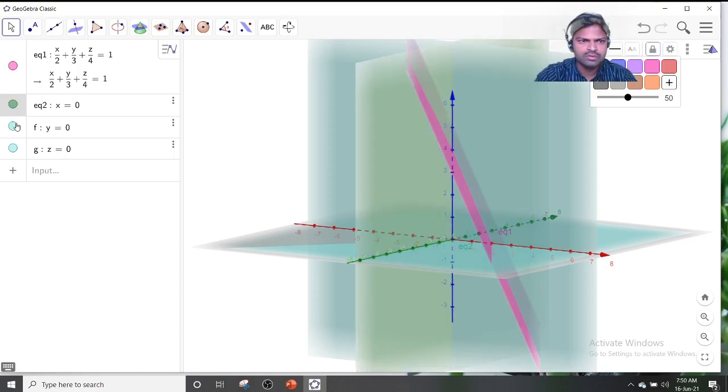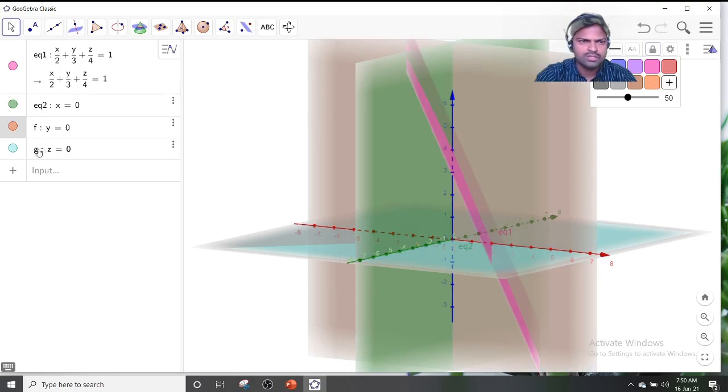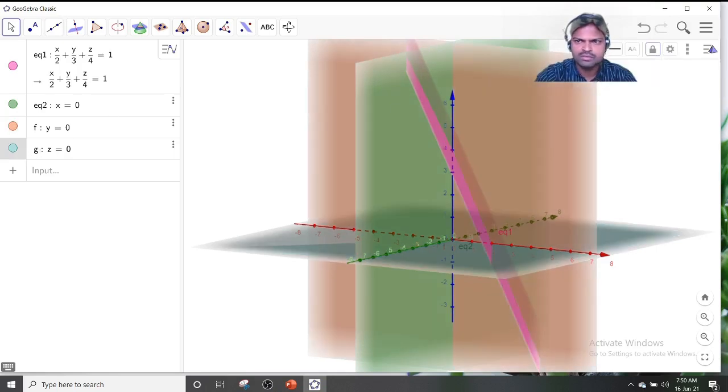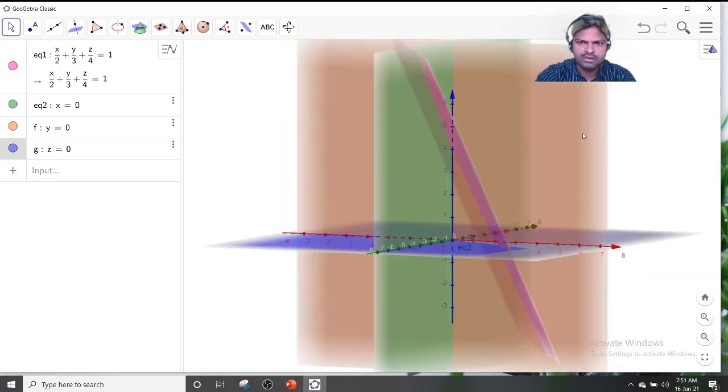Now x is 0 is green, and y is 0 is some light orange color, and z is 0, let us take this one. Now look at, this kind of portion we are getting. This kind of triangular thing you will get.